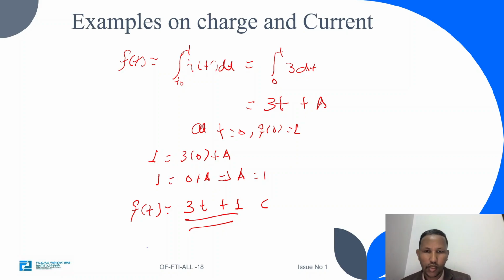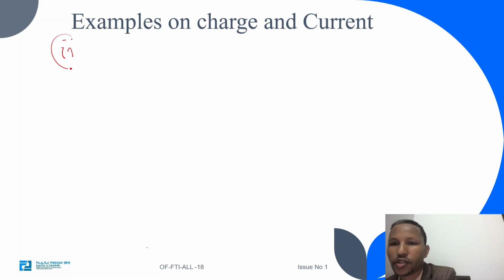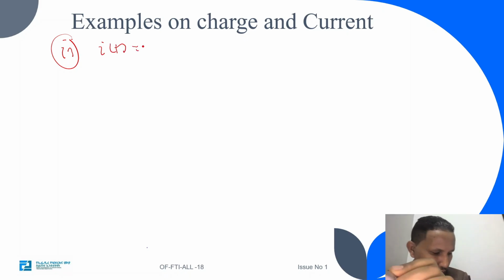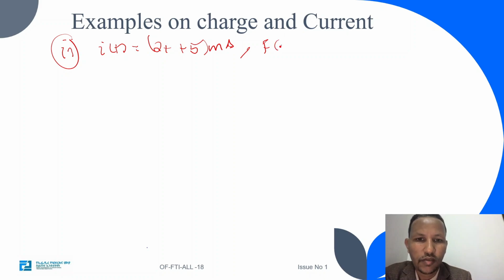Now let's consider the second equation, where I of t is given by 2t plus 5 milliampere, and the initial charge value at t equals 0 is 0.